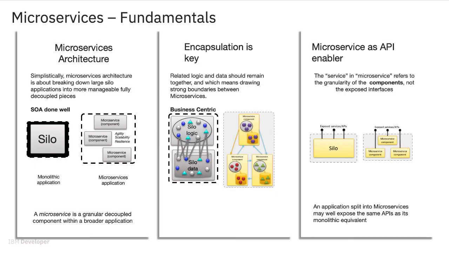The key takeaways of microservices architectures, in terms of migration, are about breaking down these large silos into manageable, decoupled pieces. Encapsulation is key. The related logic and data should remain together. You need strong service boundaries between the microservices, and by strong we mean they don't change.